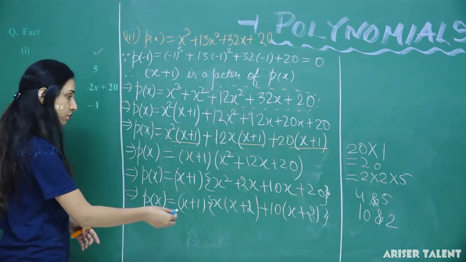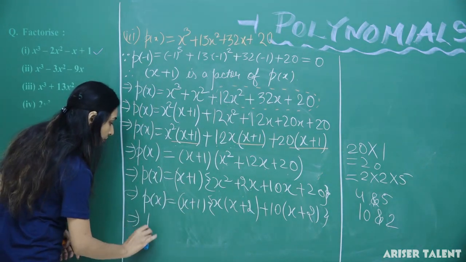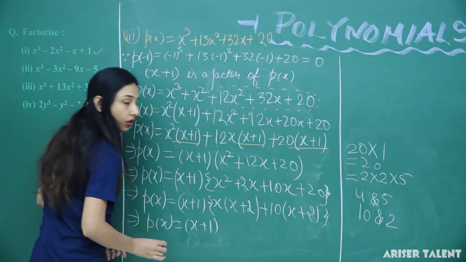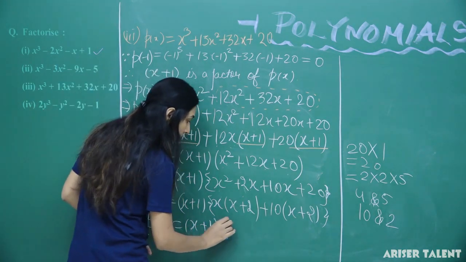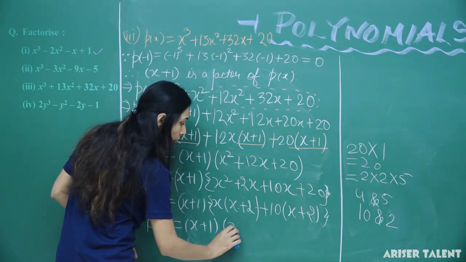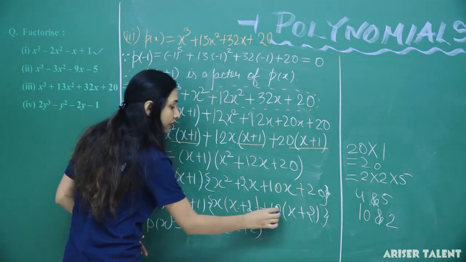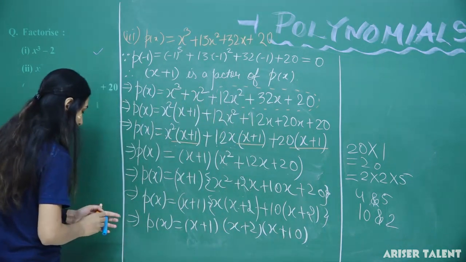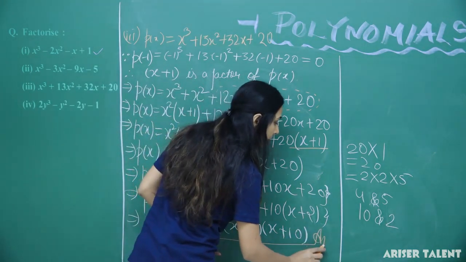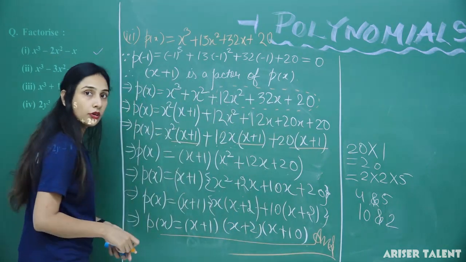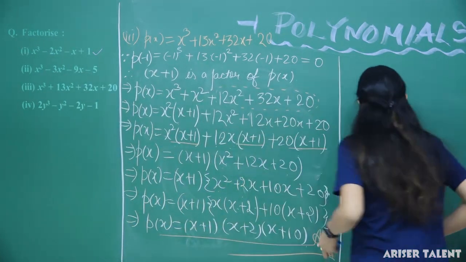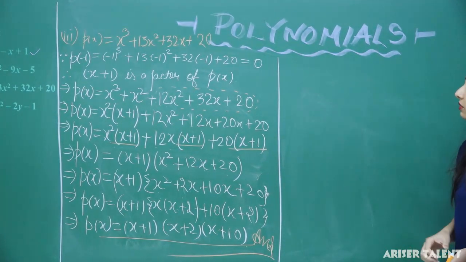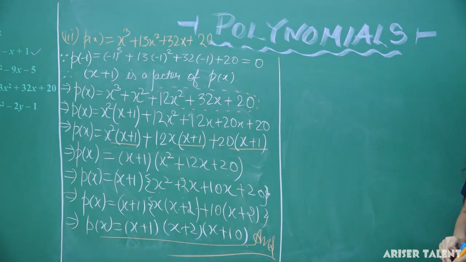So x plus 2 is common here, so x plus 1 as it is, and then we will have taken common this x plus 2 and we remain with this x plus 10. Simple, this is your answer. This rough work, I am going to rub this particular portion and this is your answer. So note this and then we will move towards the next question.